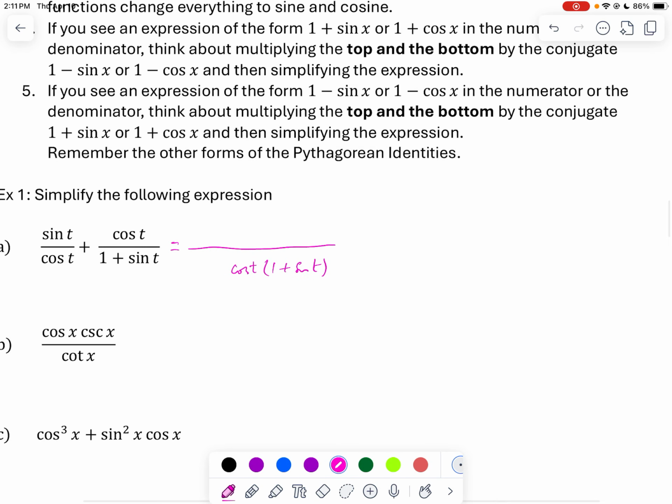So the top will become sine of t multiplied by 1 plus sine t, plus cosine t times cosine t, or cosine squared t. Now we distribute and we get sine of t plus sine squared t plus cosine squared t over cosine t times 1 plus sine t.